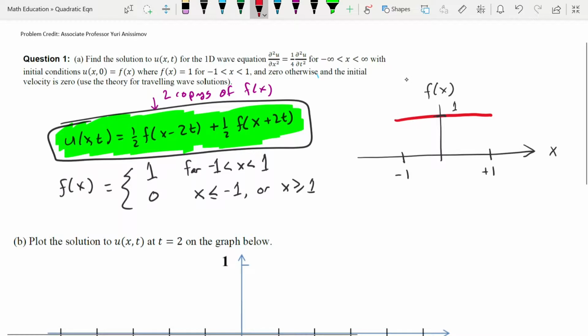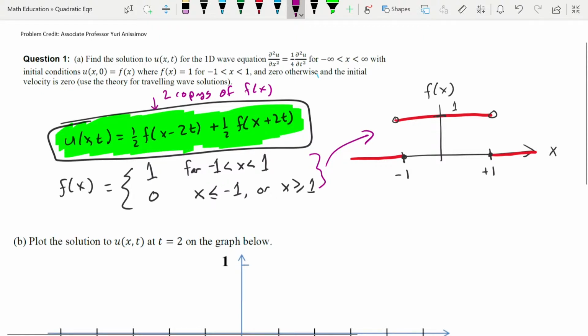And then for the rest of the time, it's equal to 0. And then just to be pedantic, we can see that these are little hollow guys, and these are little dots because the 0 is inclusive on the 1 and -1, and we're at a value of 1 when we're between these two bounds. So that is the general functional form.